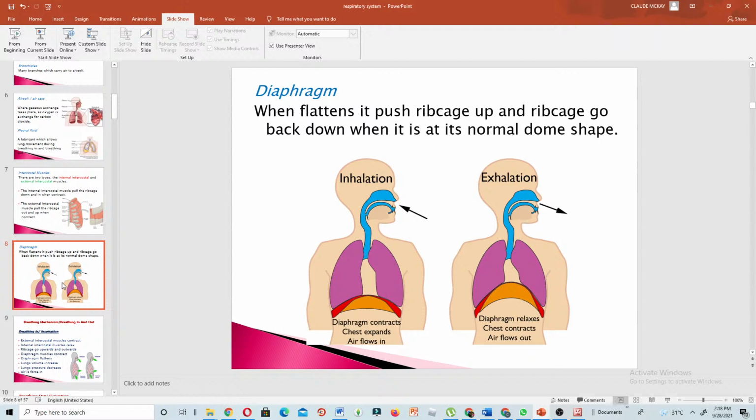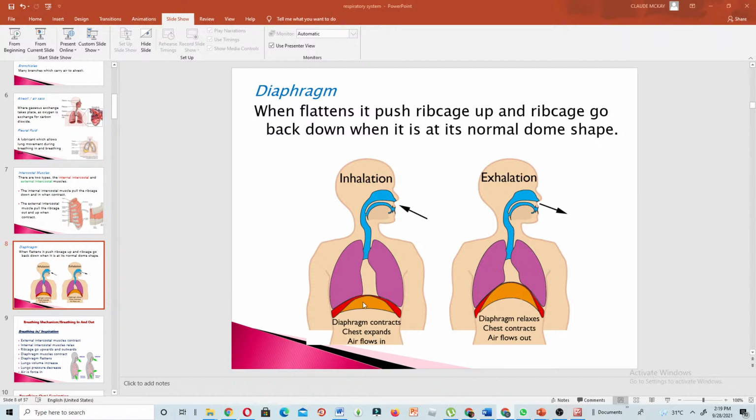The next aspect or structure is known as the diaphragm. So the diaphragm is also that section that you call your belly button.